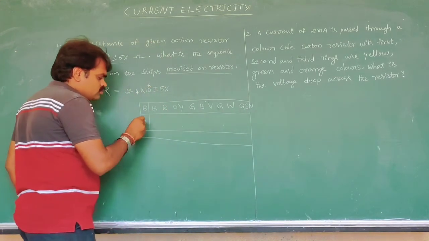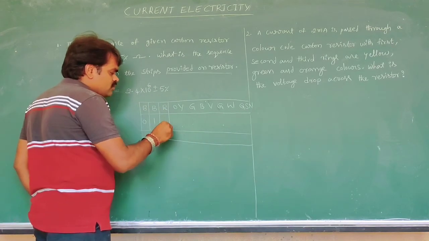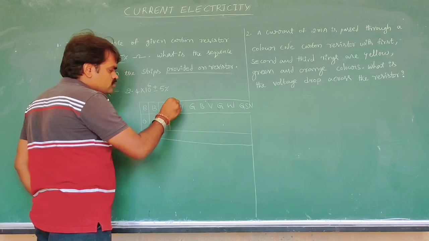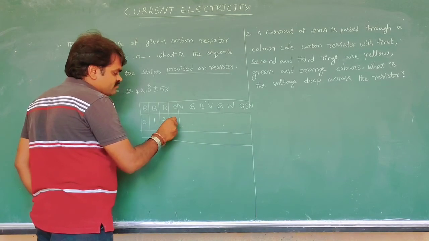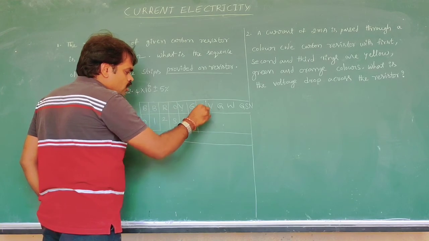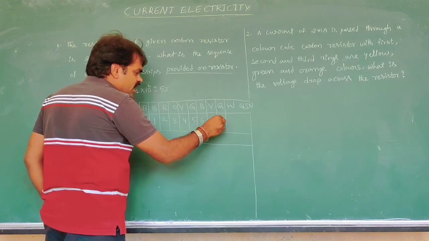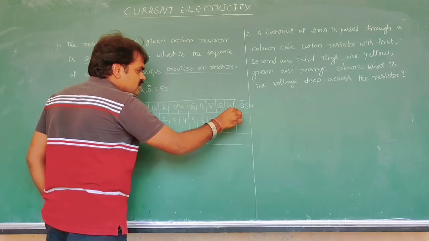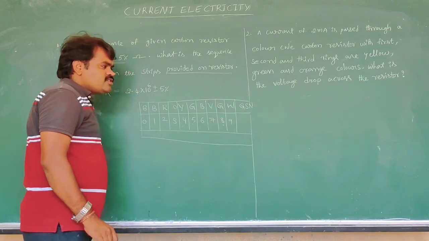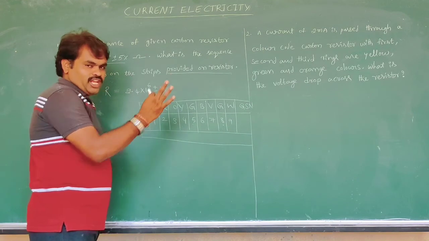Black means 0. Brown means 1. Red means 2. Orange, yellow, green, blue, violet, grey, white. Here this is for gold, silver, no color.